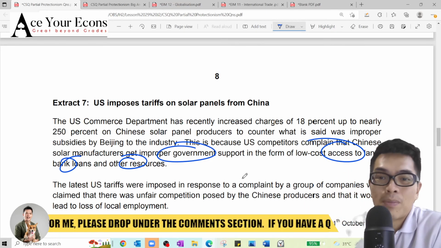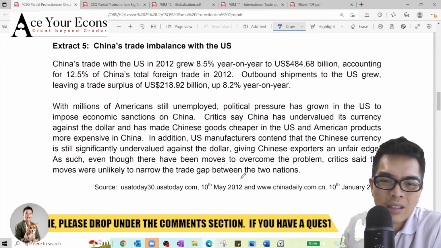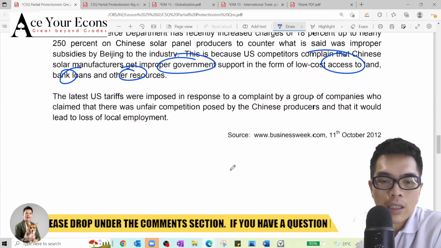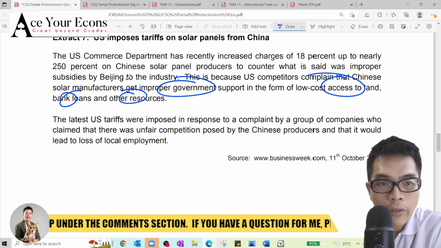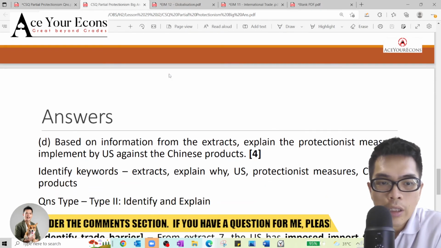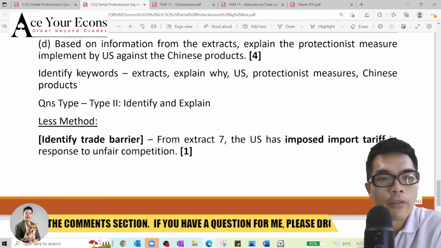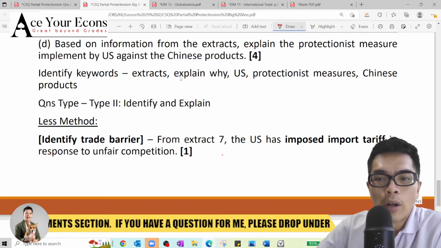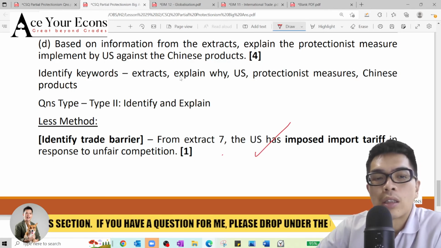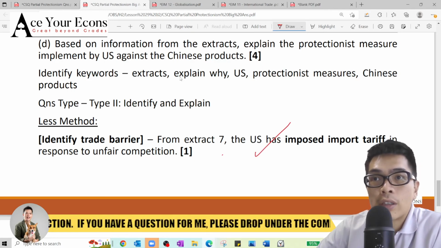Currency manipulation probably can, but like I said, today's focus is on tariff. I hope all of you have used tariff. So now, let's look out point by point. If you have import tariff, you'll get yourself 1 mark. Make sure you cite extract 7. All of y'all have your first mark.